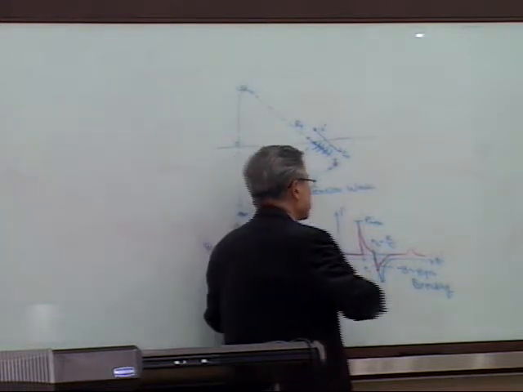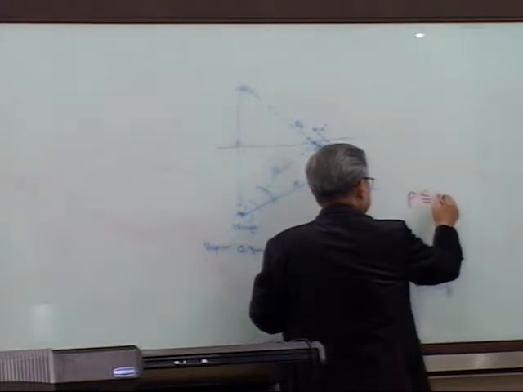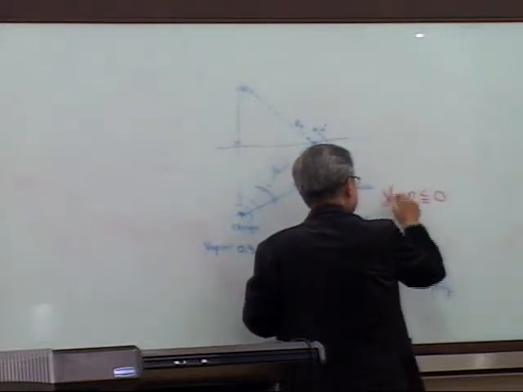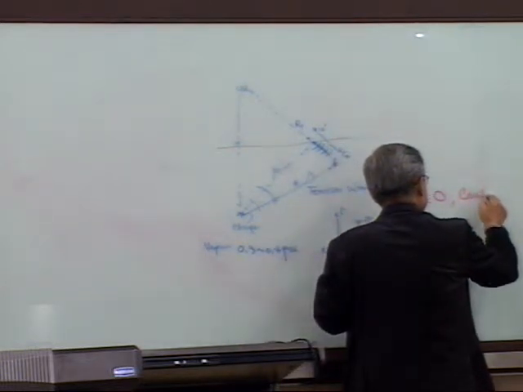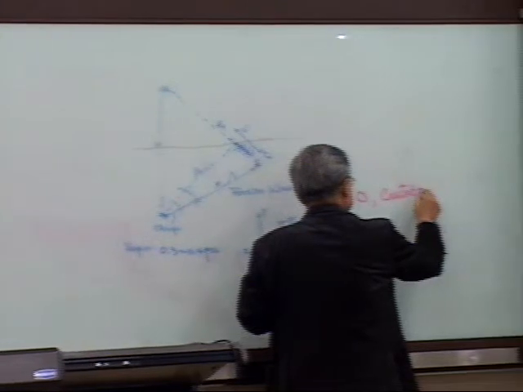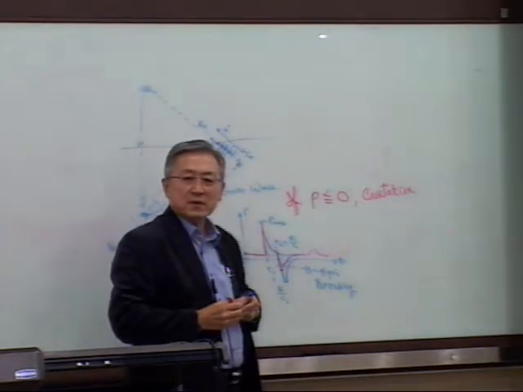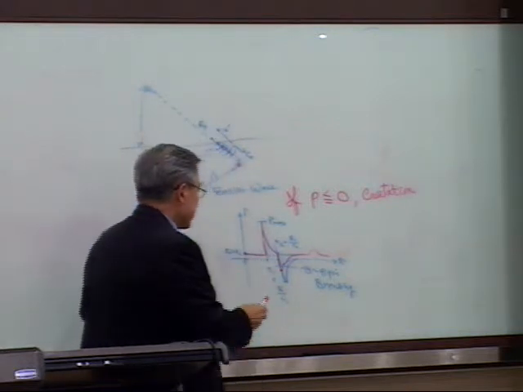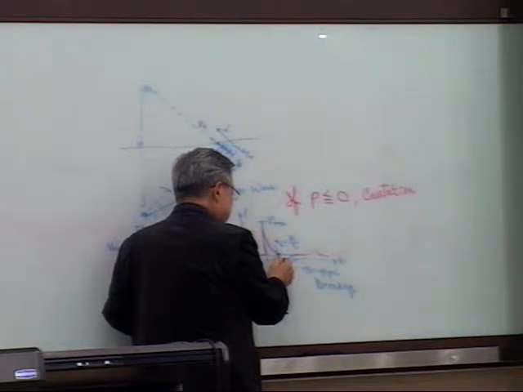When P is equal to or less than 0, then you declare that cavitation occurs in the water. It's bubbly water. So in other words, it's not going to go down below 0, even if mathematically when you add up, it goes below 0.